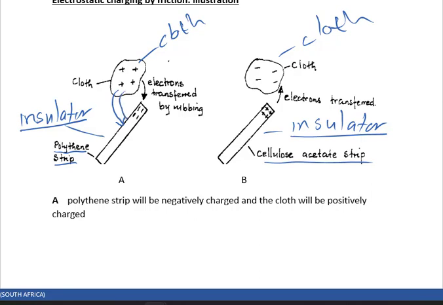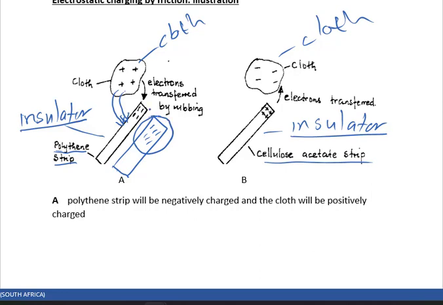So it's electrons which move, and at the end, in this polythene strip, we will end with more electrons than positive protons. So the result is that now this polythene strip is negatively charged.